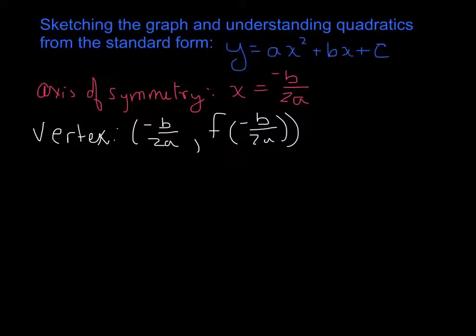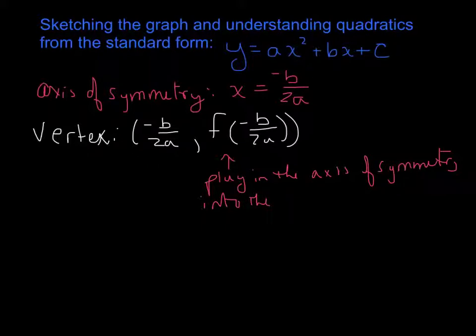This notation tends to be a little bit difficult for students, but all that this f of negative b over 2a translates to is: plug the axis of symmetry into the equation to get the y value.